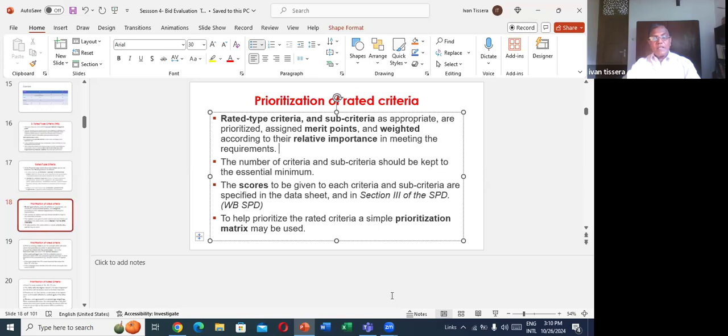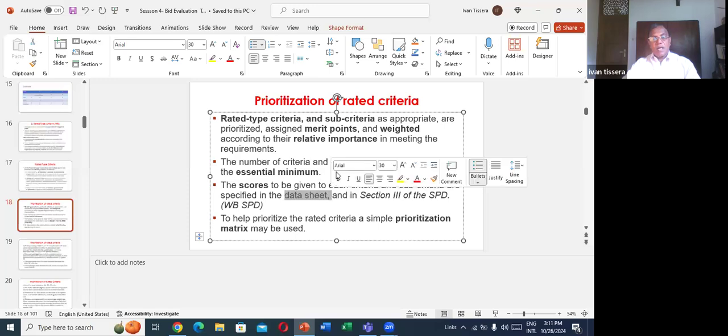The number of criteria and sub-criteria should be kept to the essential minimum. We say don't go for a large number of criteria, 3 or 4 maximum main criteria. The scores to be given to each criteria and sub-criteria are specified in the data sheet. So you have to prepare a data sheet for that.